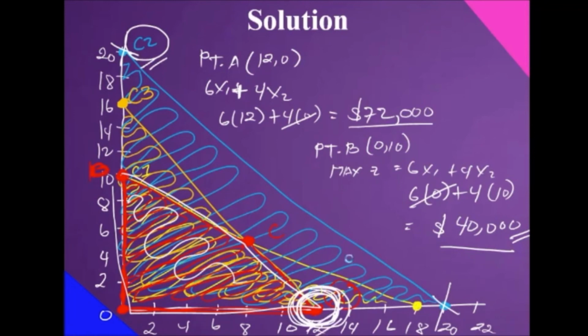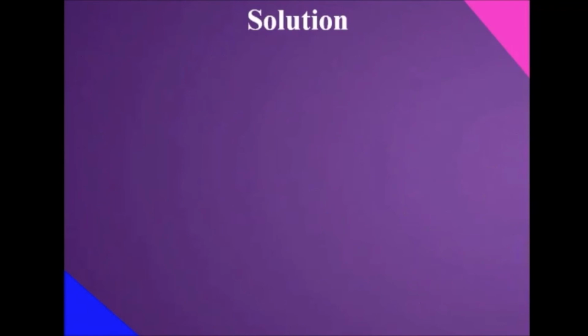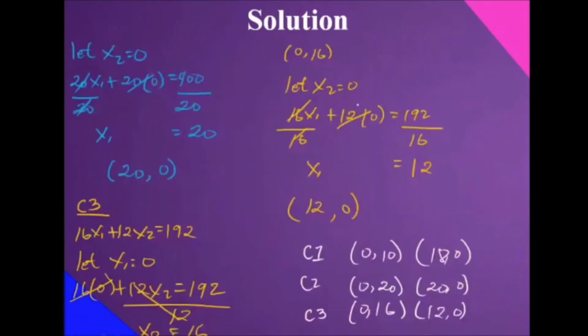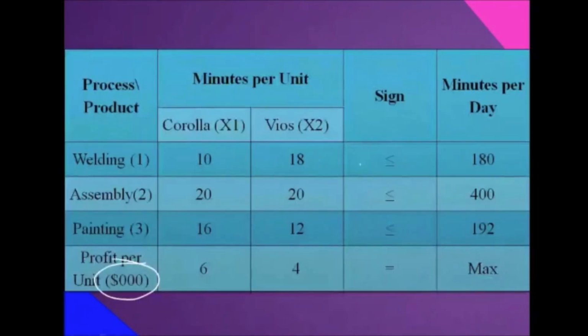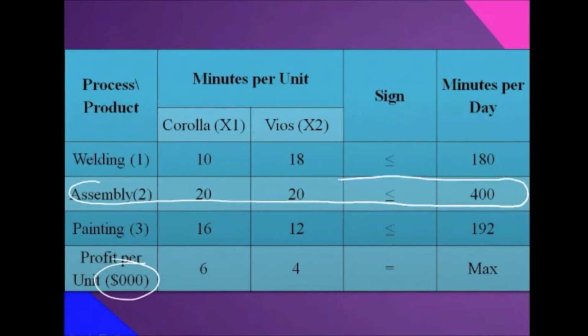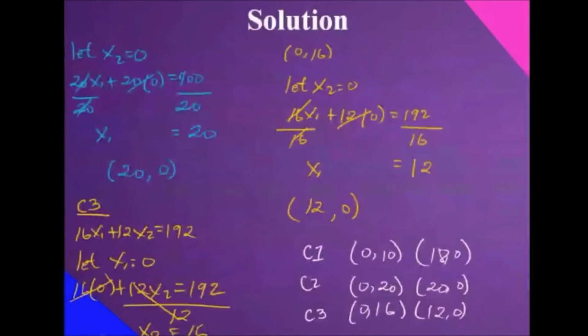Yung C2, anong constraint siya? Assembly. Ibig sabihin, kahit tanggalin mo na tong assembly, kahit di mo na siya isama sa decision making mo as an IE sa field, makukuha mo pa rin yung optimum solution. Isama mo siya or not, okay lang. That's the redundancy special case of linear programming.